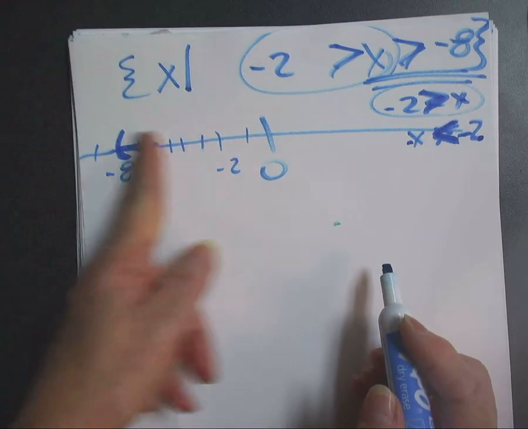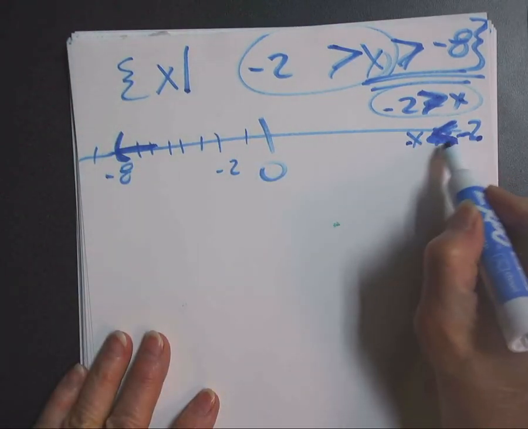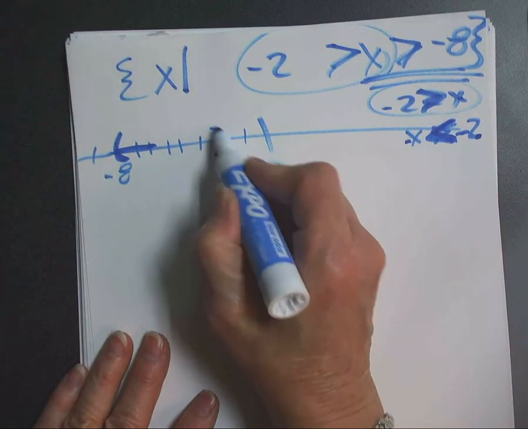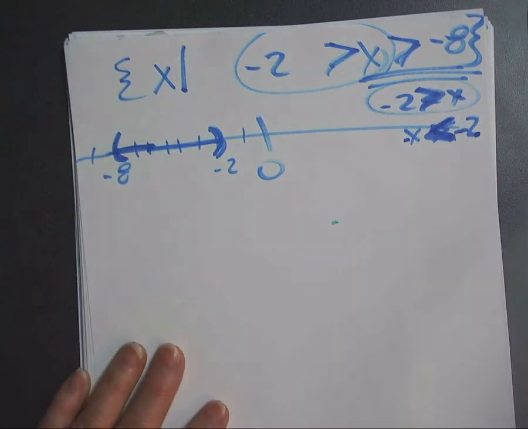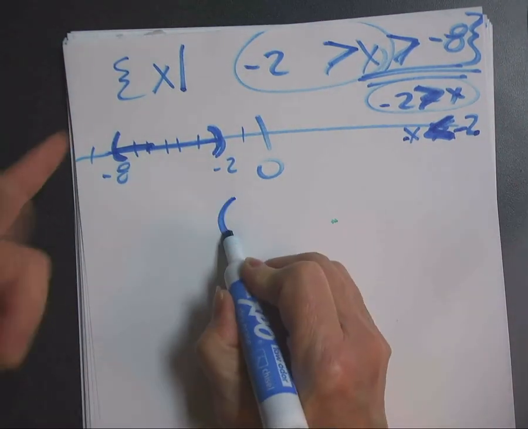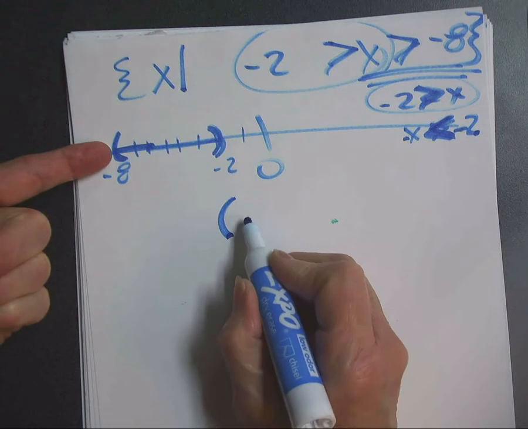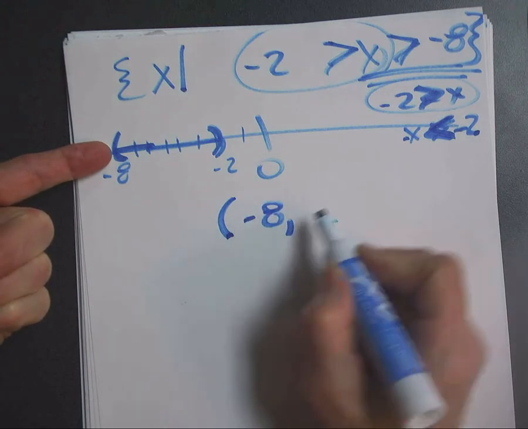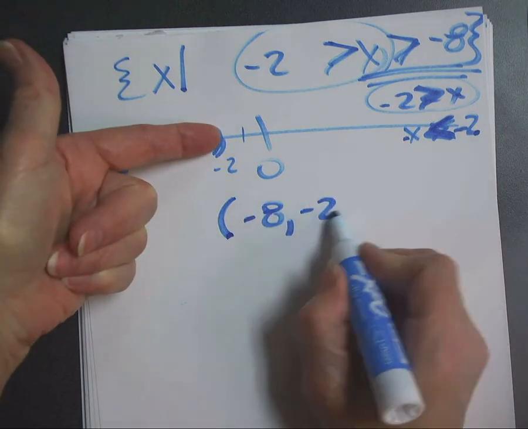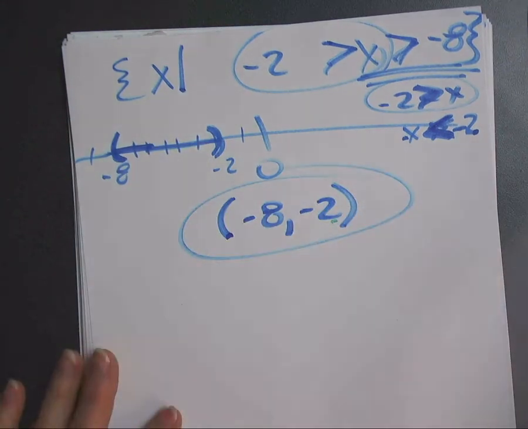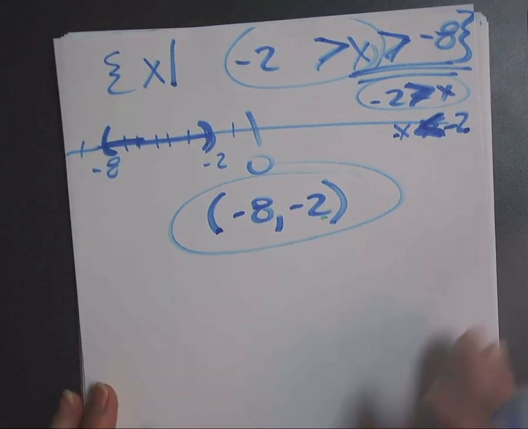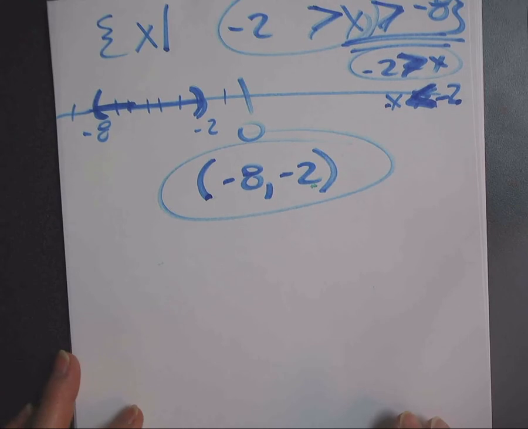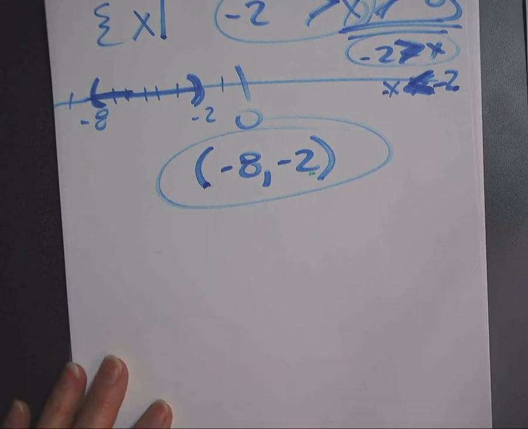So from -2, you go back. Is it equal? No, so it's in parentheses. So that one reads from left to right. You start at the -8, and you go to the -2. There's your interval notation. Now you're just going to pick the right answer.